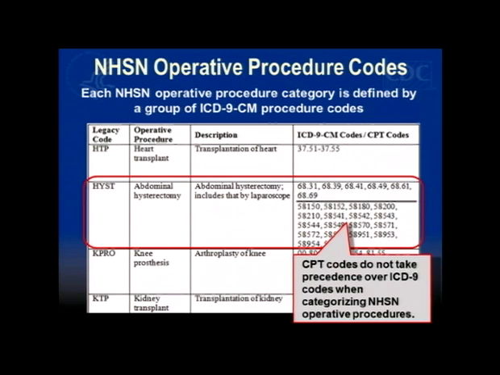Again, this is a list from a table in the manual that just shows that each NHSN operative procedure category is defined by a group of ICD-9 procedure codes, and for some of those we do also have CPT codes, but it's important to understand that CPT codes do not take precedence over ICD-9 codes when you're making the categorization and you're trying to figure out, is this part of a HIST or part of a COLA?